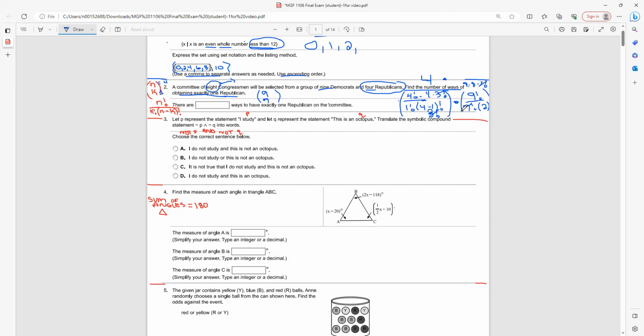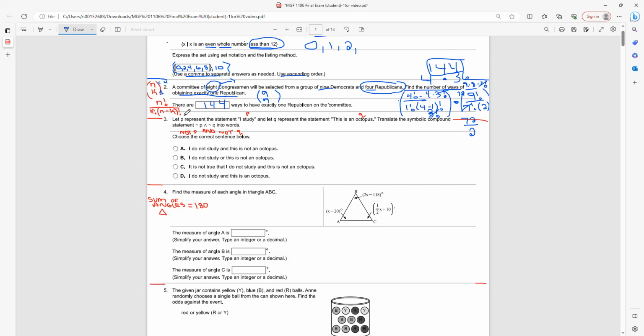And then those 7 factorials can cancel in the numerator and denominator. Now we have 9 times 8, or 72, in the numerator, divided by the 2 in the denominator. That's going to give us 36. And 4 times 36 will give us our answer of how many arrangements. There are 144 ways to have exactly 1 Republican on the committee.